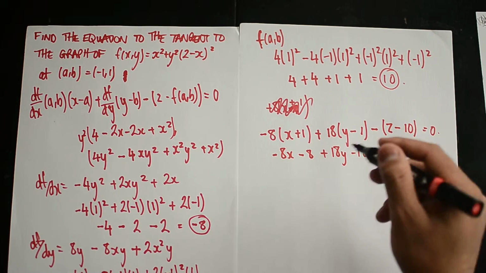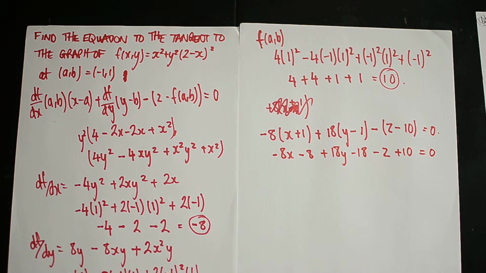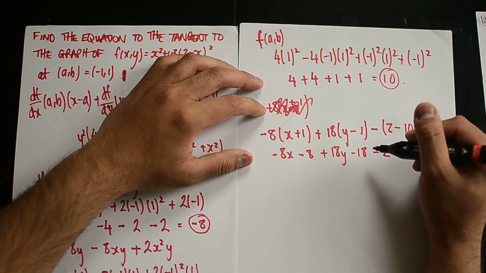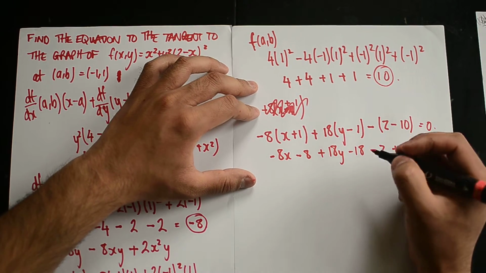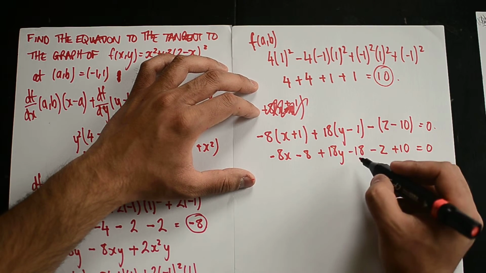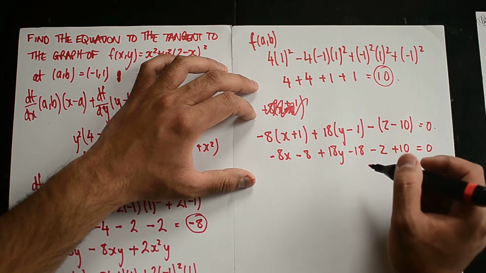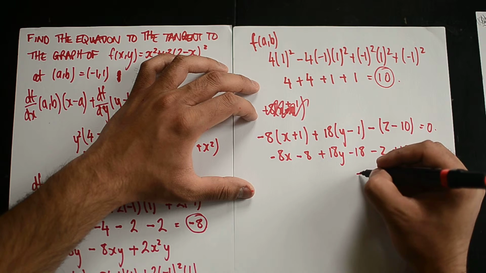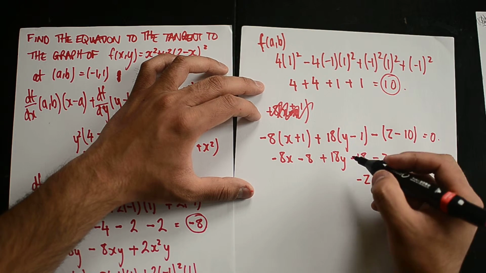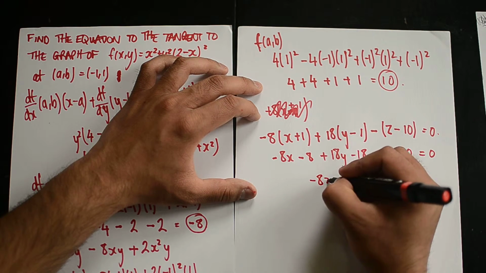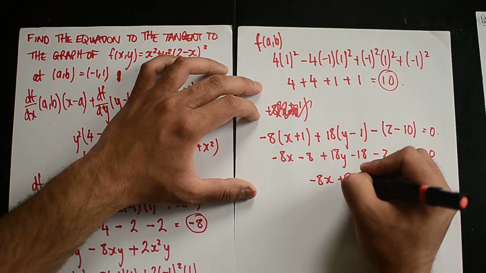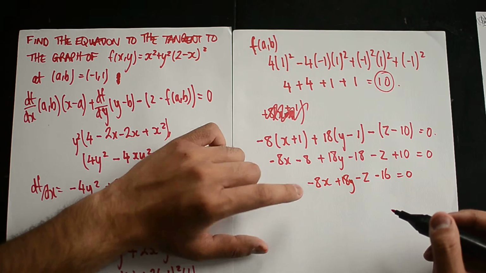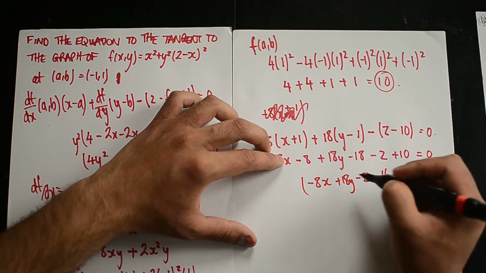So now we can do a little bit of arithmetic, and you're going to get minus 26 plus 10, so that would be minus 16 over here, minus z, minus 8x plus 18y. So this should be your answer.